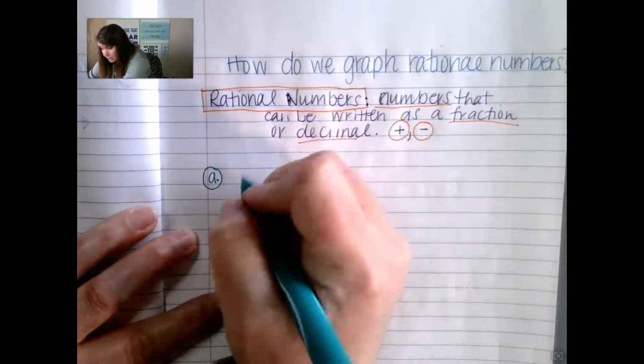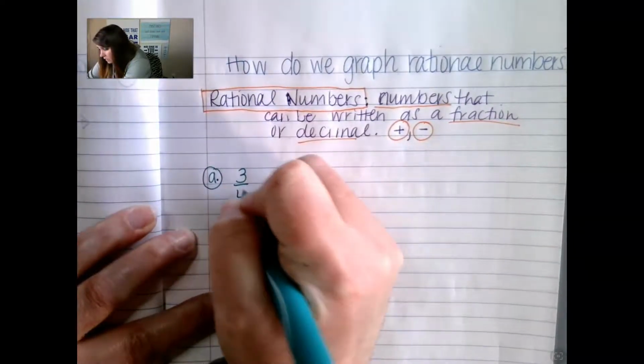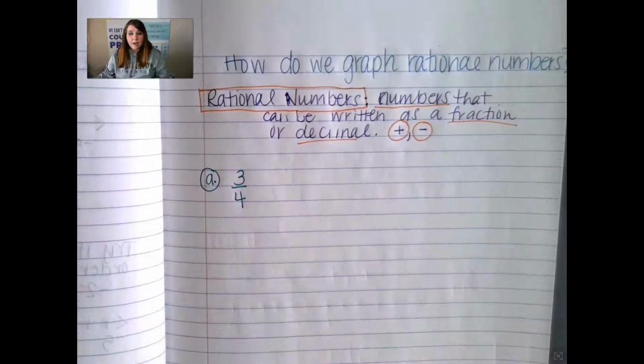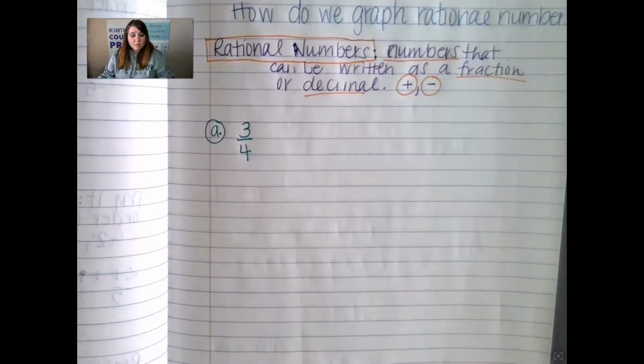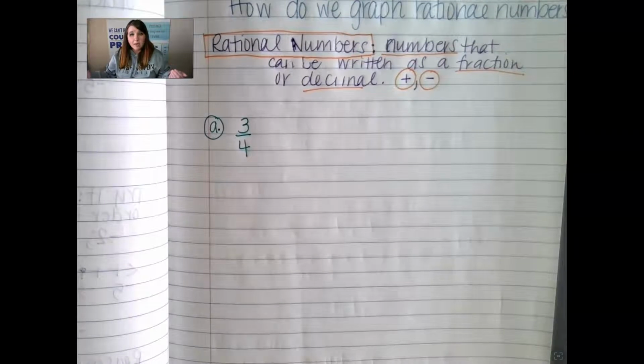So my first example says 3/4. This is a rational number that we need to graph. So when we graph this, we actually have to think about, okay, how much of a whole is this? Well, it's 3/4 of 1.